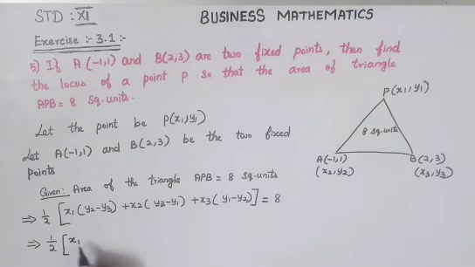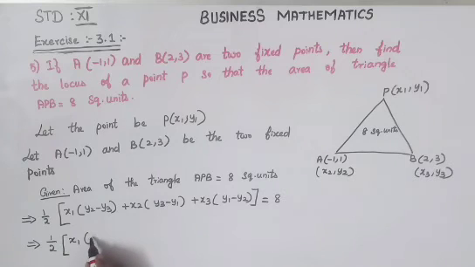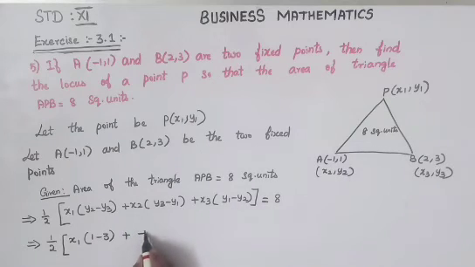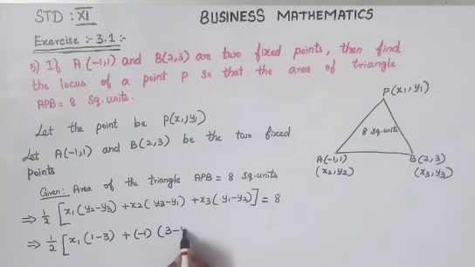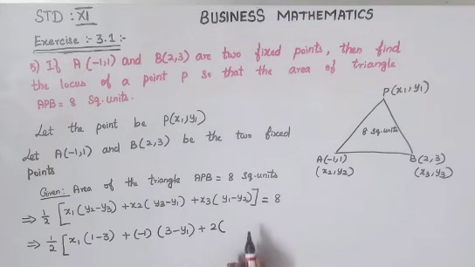Keep your x1 as it is. y2 minus y3. So y2 is 1, y3 is 3. So 1 minus 3 plus x2. So x2 is here minus 1 again into y3 minus y1. So y3 is 3 minus, keep your y1 as it is, plus x3. So x3 is here 2 into y1 minus y2 is here 1.